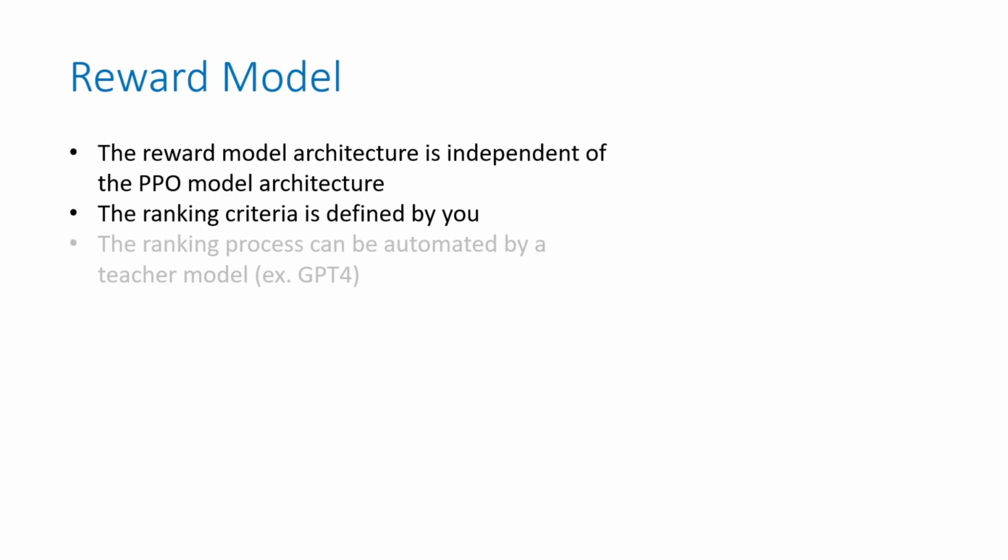You will define what the ranking means, and as long as you are consistent, the reward model will learn to mimic that. Thirdly, you can use another teacher model, for example GPT-4, to do the ranking for you. This is the basis of the RLHF approach.